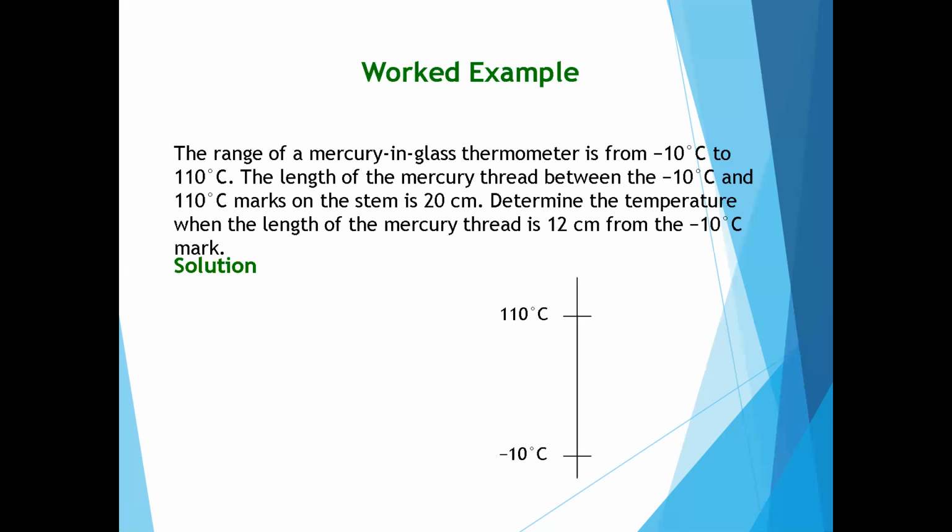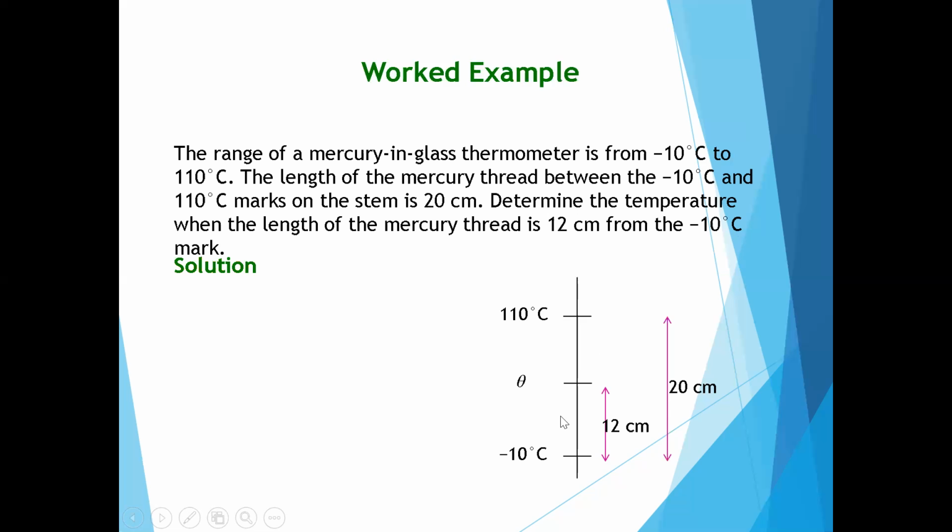You have a thermometer that's measuring from negative 10 till 110, and the distance is 20 centimeters. You have an unknown temperature theta at a point, and the distance is 12 centimeters from the negative 10 degree mark, as we've been given in the question. Now we need to calculate theta.